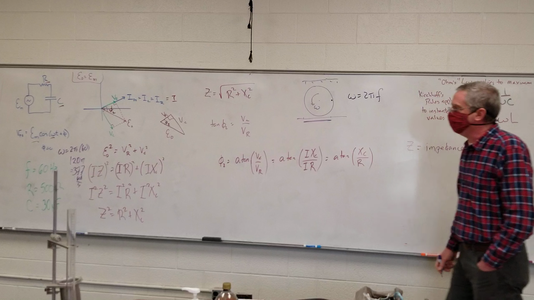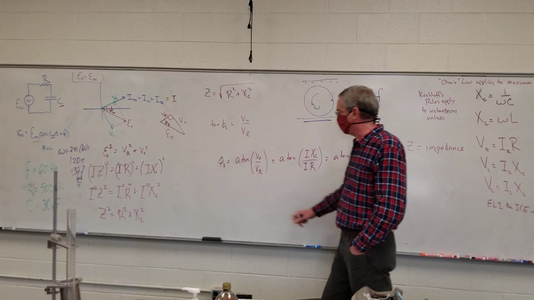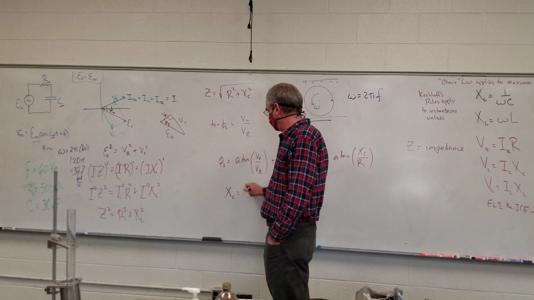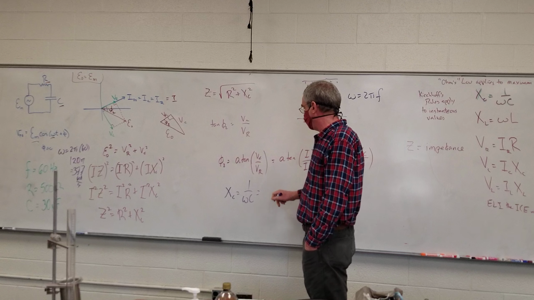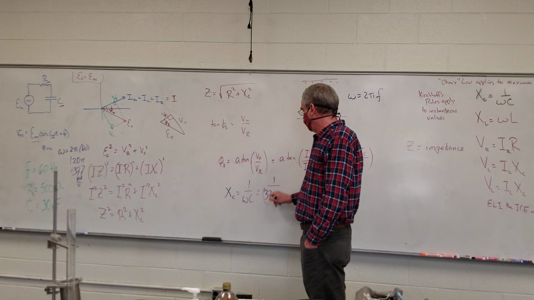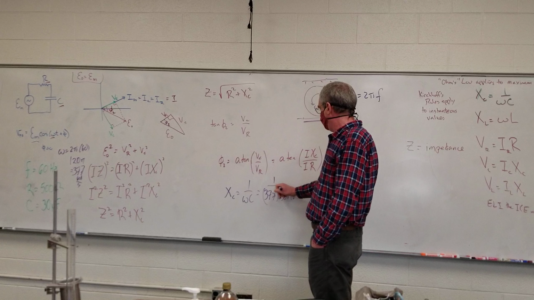So now I have a value for omega. Let's figure out what X sub C is. X sub C is a set formula. It's 1 over omega times C, and this is where I find out if my order of magnitude is right. So it's 1 over 377 times 30 times 10 to the negative 6.